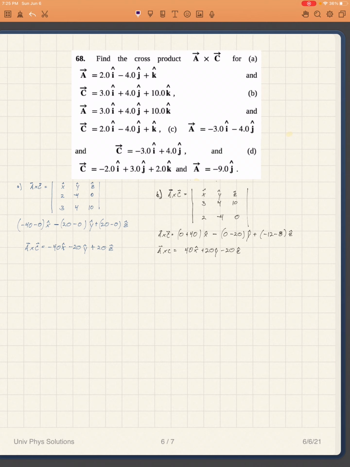So your cross product A cross C would be equal to -3, -4, 0, and -3 and 4. X, Y, and Z obviously correspond to I, J, and K.